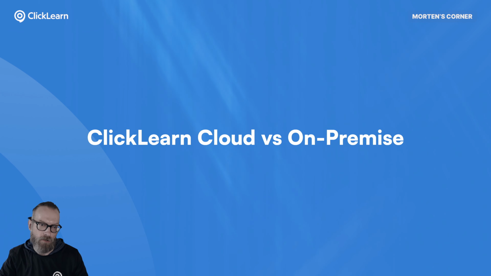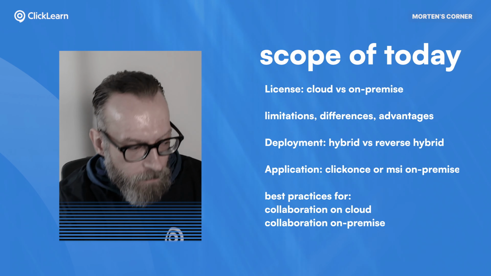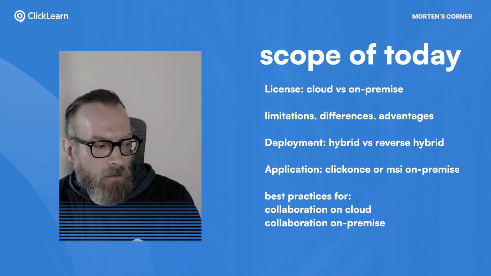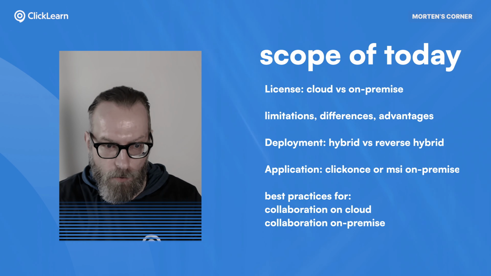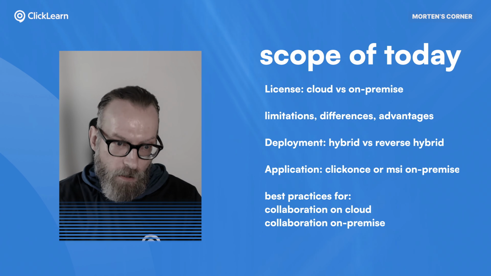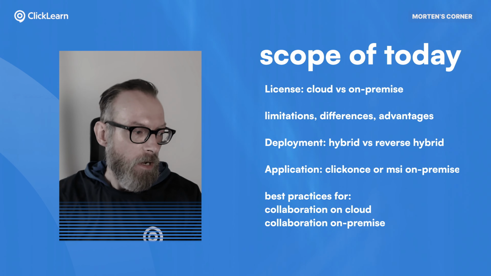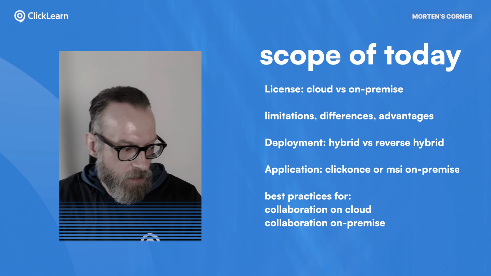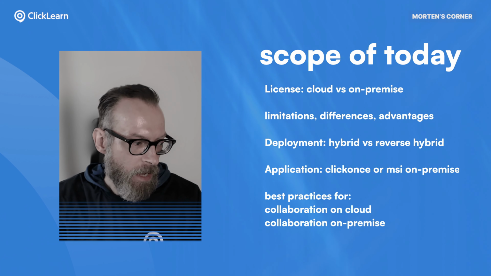In this video, I'd like to talk a little bit about ClickLearn Cloud versus ClickLearn On-Premise from a practical perspective. So in the scope of today, we'll be talking a little bit about how the different practicalities are from cloud to on-premise. We'll be discussing some of the limitations, the differences, and the advantages.